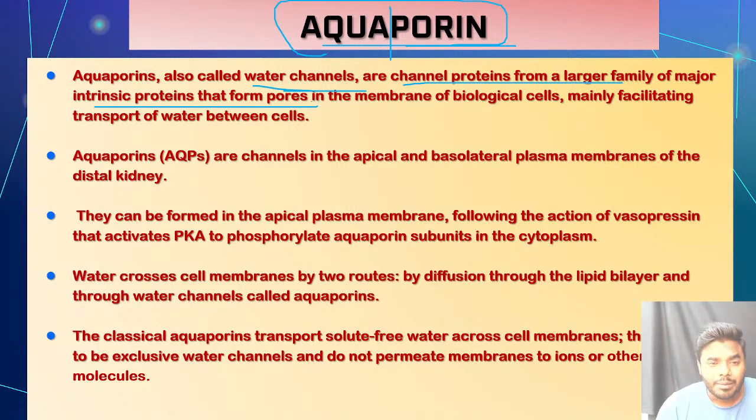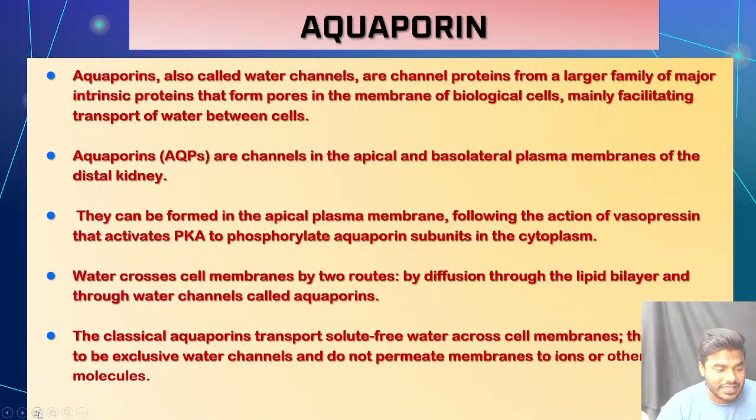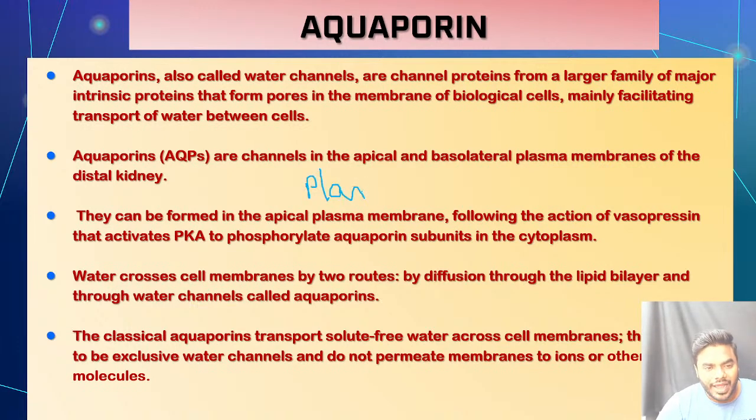And friends, please listen to my statements very carefully. Aquaporins are present in the plant cell also, and in the animal cell also. But I want every student to remember one common point: when compared to the animal cell, the plant cell contains more aquaporins.